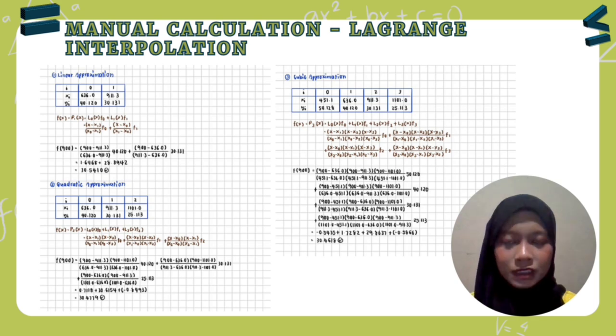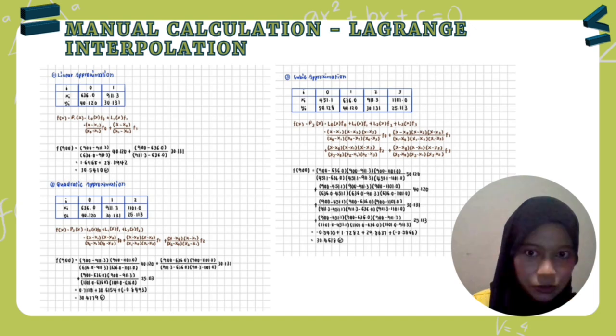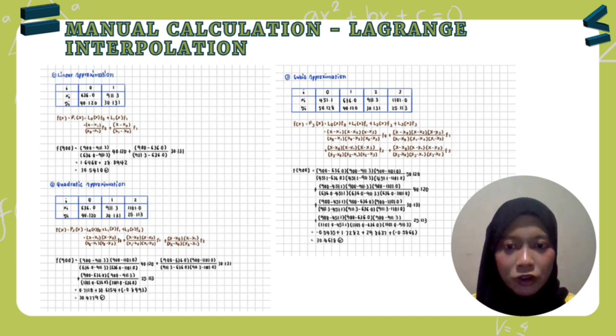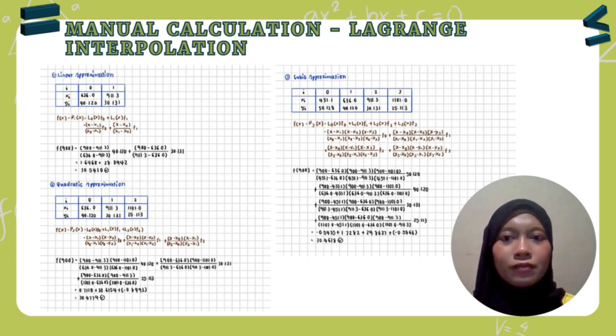Next, we increase our precision using quadratic approximation. Okay, this time we use 3 data points to form a second degree polynomial. Okay, so this allows the model to capture a parabolic curve through the data.